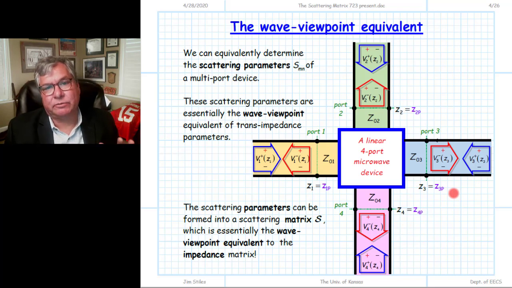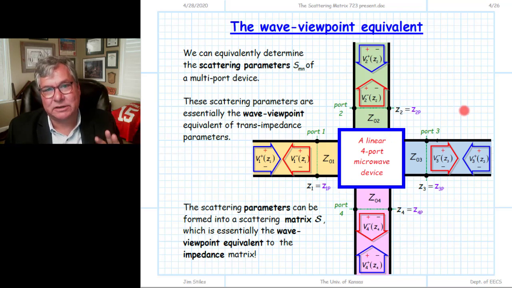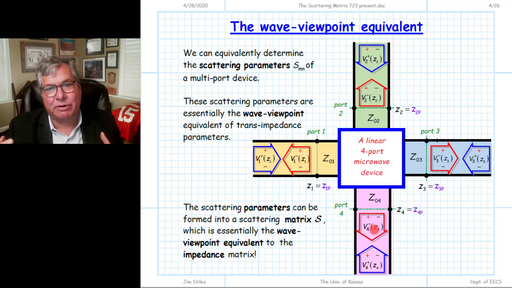So for the scattering matrix, we're going to go through and characterize the device not by relating the current at one port to the voltage at the other, or the voltage at one port to the current at the other. We're going to describe this device by relating the incident wave at one port to the exiting or scattered wave at the other. And the relationship between an incident wave on port 1, let's say, and the scattered wave on port 4, that relationship is going to be one of our scattering parameters.